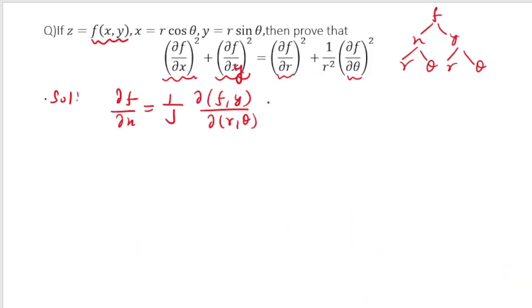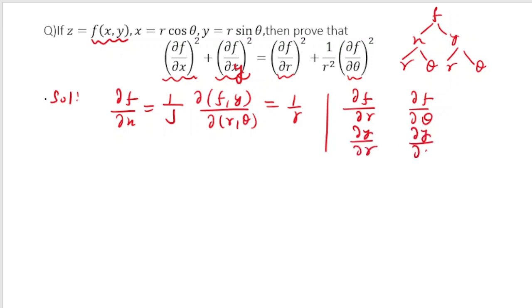So I get 1/r, and then ∂(f,y)/∂(r,θ) is the determinant with ∂f/∂r and ∂f/∂θ in the first row, and ∂y/∂r and ∂y/∂θ in the second row.